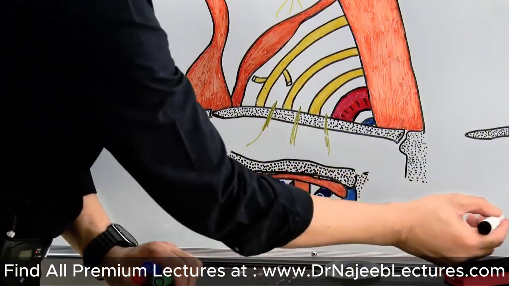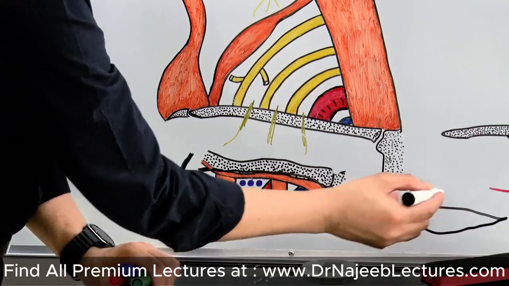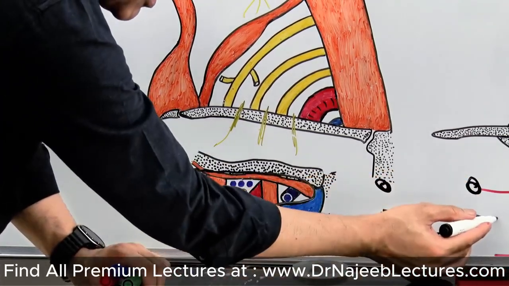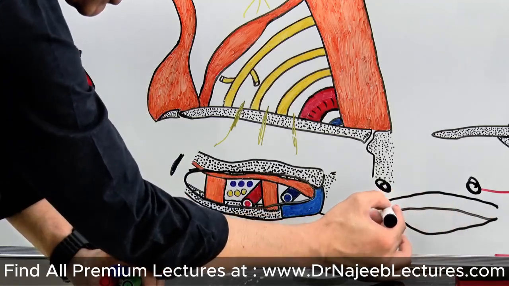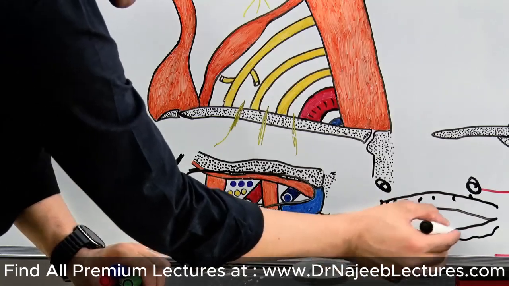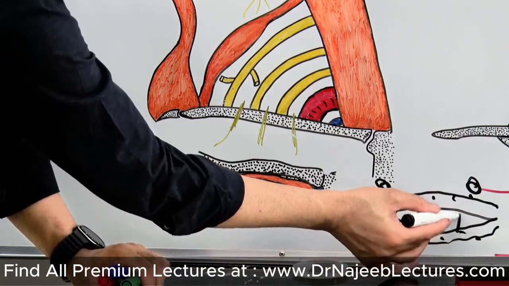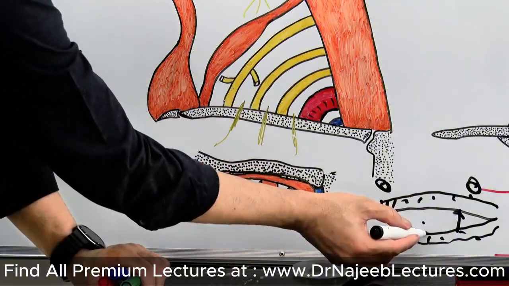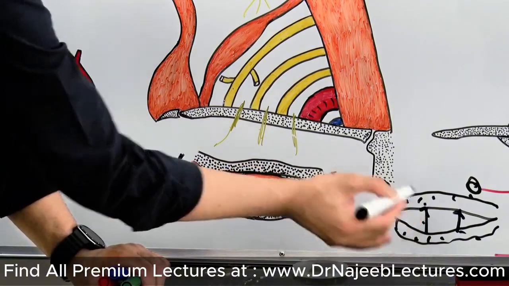right? Fish mouth. This is the clavicle above, right, and the first rib below. And here is the origin of scalenus anterior, and here is the origin of scalenus medius.